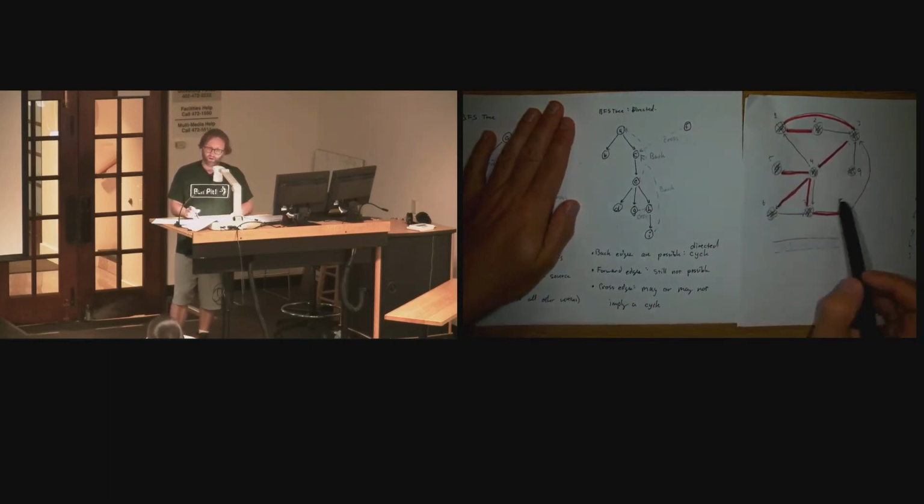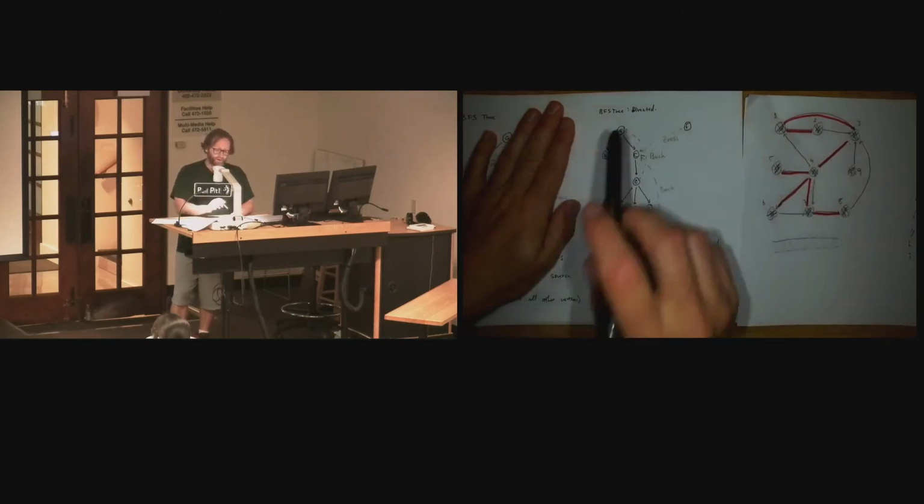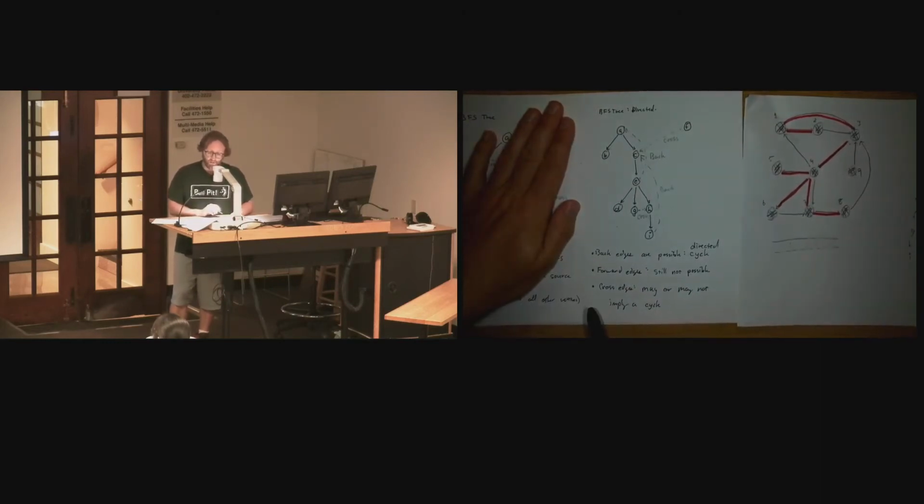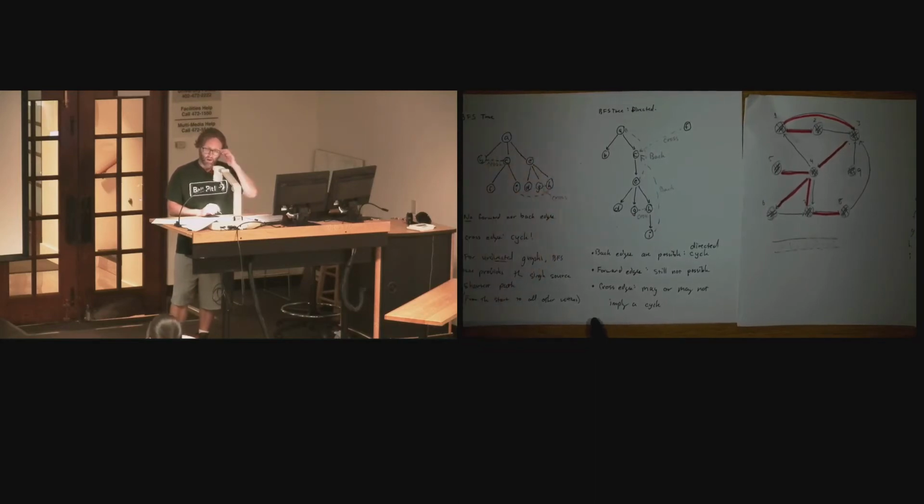As you're going to find a shorter distance over here. Okay? So for directed and undirected graphs, if you start your BFS traversal at a particular vertex, the BFS tree or BFS forest is going to give you the shortest distance there. This fails, by the way, for weighted graphs.